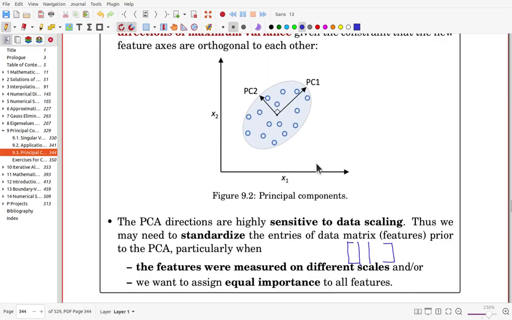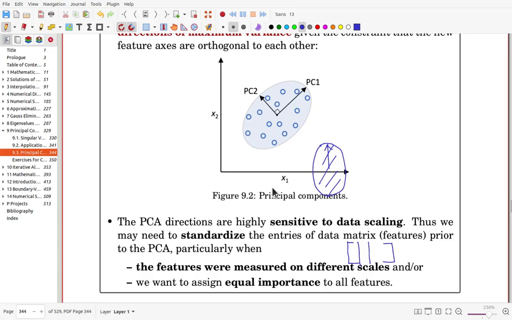However, the more important thing is here. Okay, let's see this kind of data distribution. Apparently, the first principal direction must be vertical.